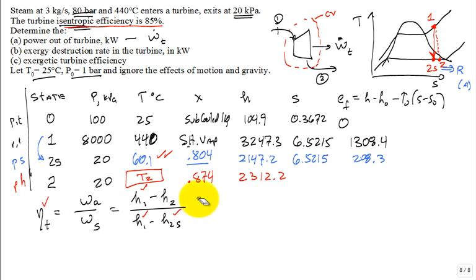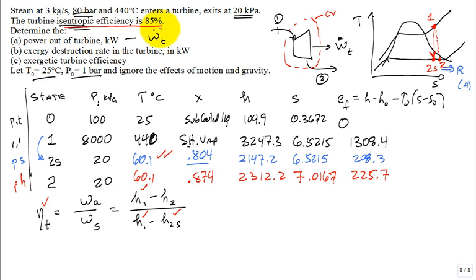Now, so this is the 60.1. How about the entropy? You can look it up, and it's higher entropy, 7.0167, and the flow exergy, 225.7. So now that I calculated all that, what is the power out of the turbine?